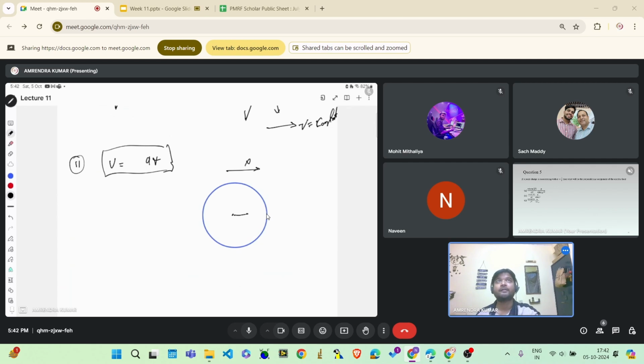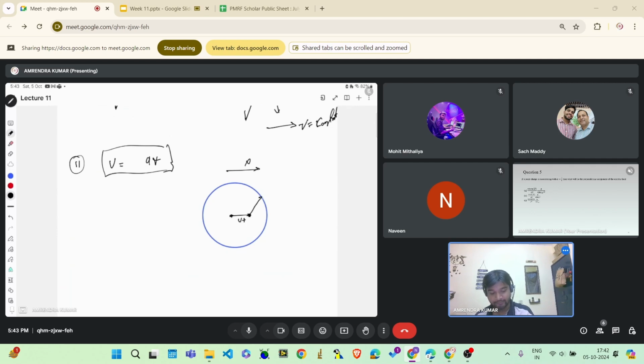It will move some distance, this distance t, from here, and now what will happen?